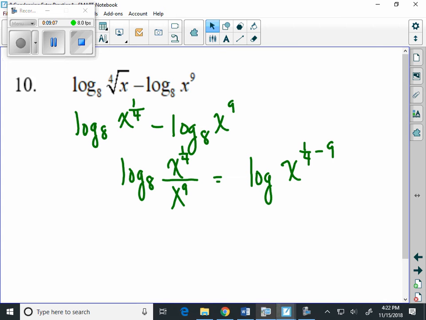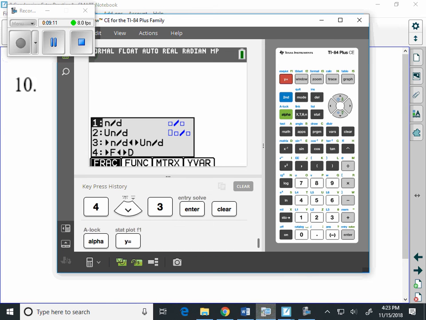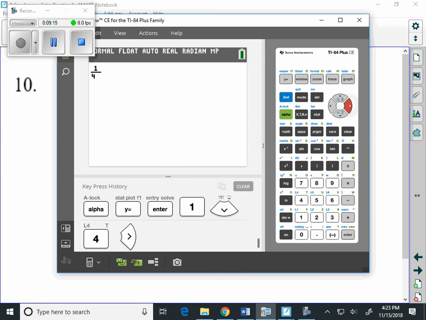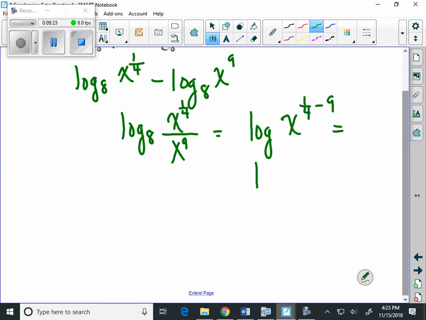Worst comes to worst, we pull out our calculator, we type in 1/4 minus 9, and we get negative 35/4. Log of x to the negative 35/4.